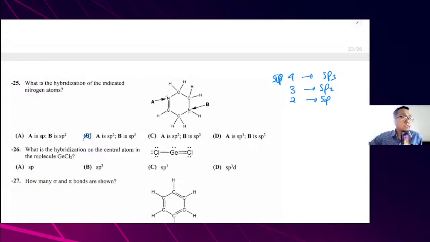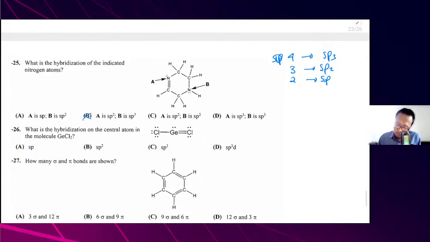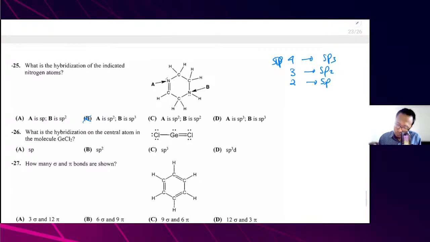Yes, that's true. What is the hybridization on the central atom in the molecule GeCl2? So how many is it? It should be 4. 1, 2, 3, 4. So sp3, right?